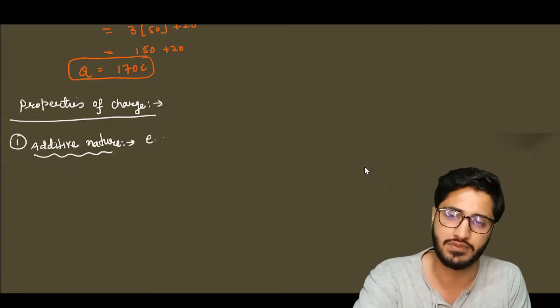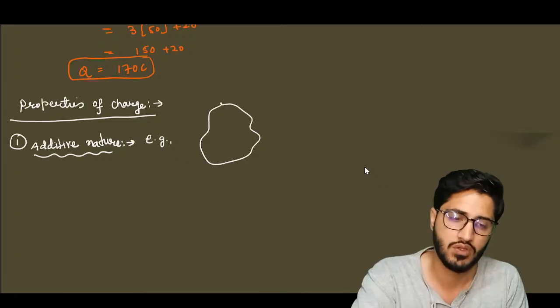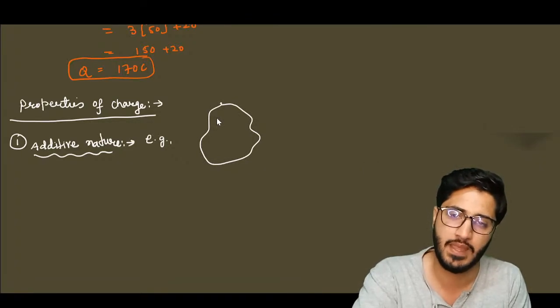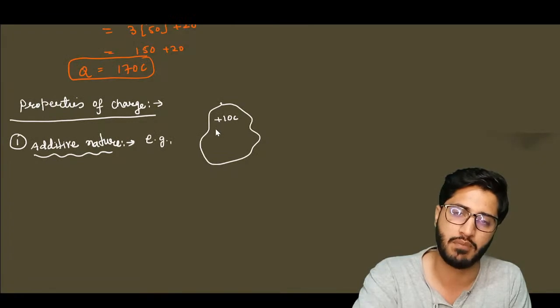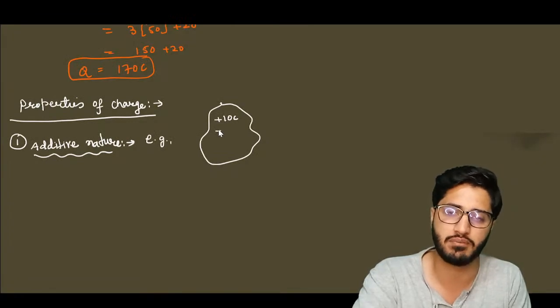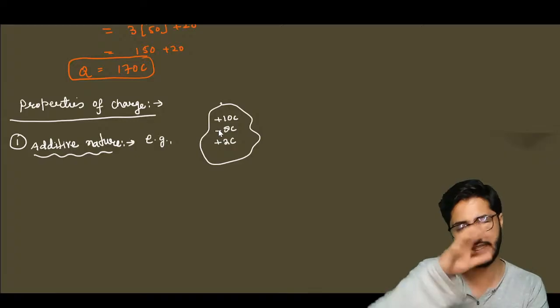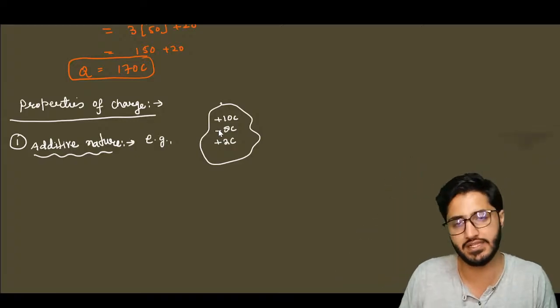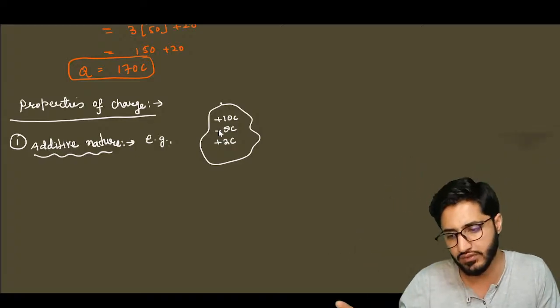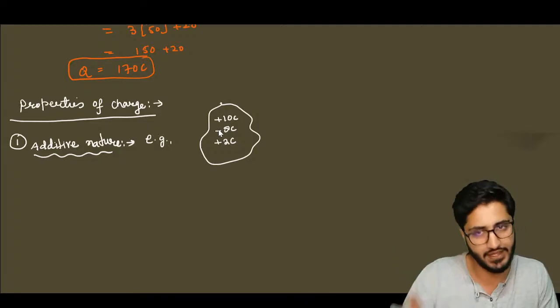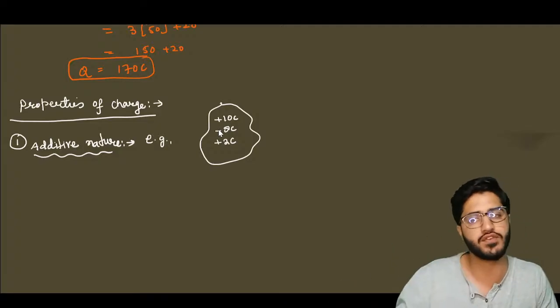Let's take an example. For example, this is my system, no? So this system contains plus 10 Coulomb, minus 8 Coulomb, plus 2 Coulomb. Okay, this closed system contains 10 Coulomb positive, 8 Coulomb negative, and also 2 Coulomb positive.